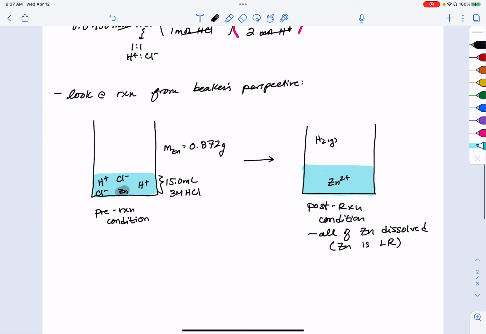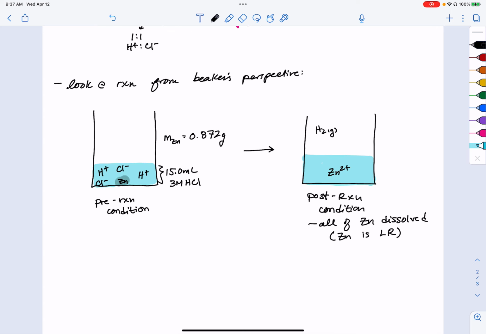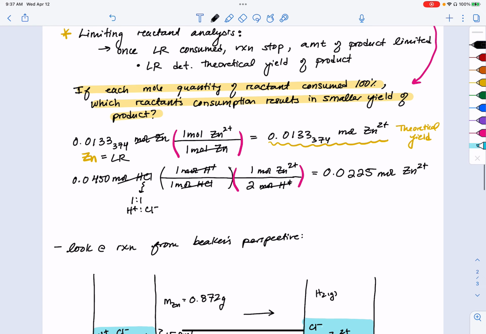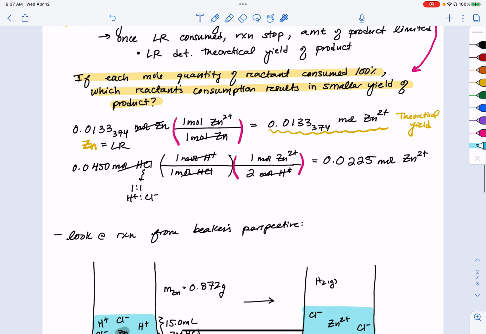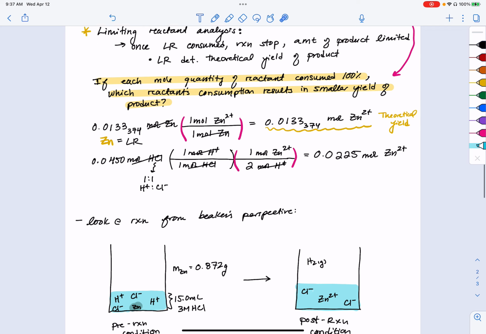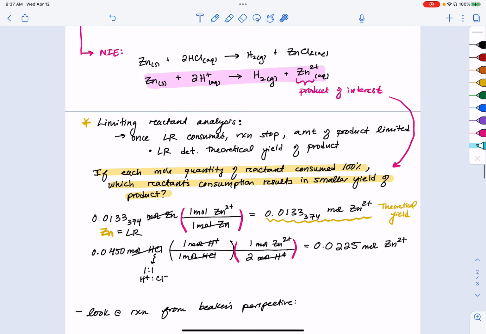And now I have here, post-reaction, I've definitely got those zinc and chloride ions. However, notice that is not all that's going to be in this beaker, because I had used up all my zinc metal to make all my zinc ion.